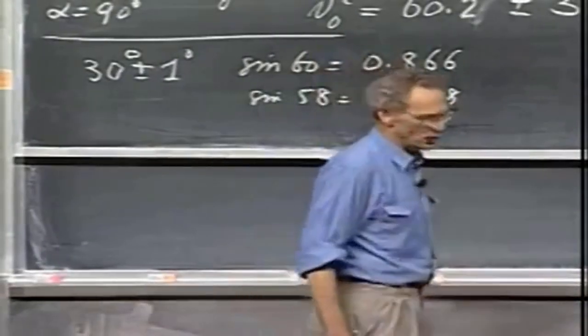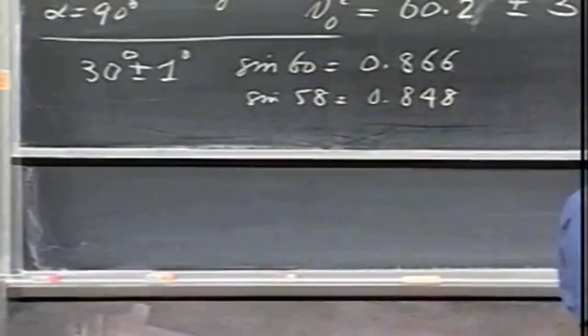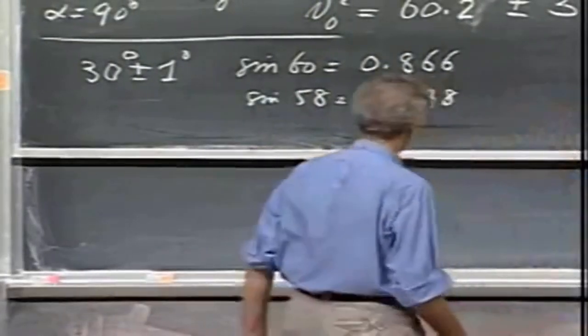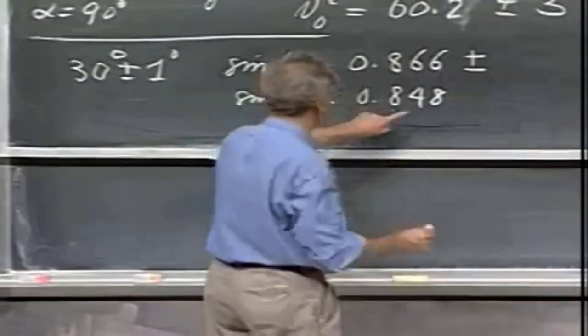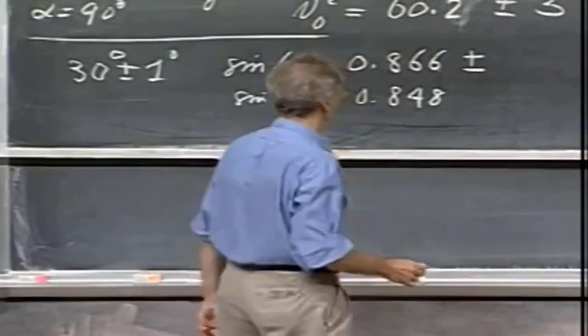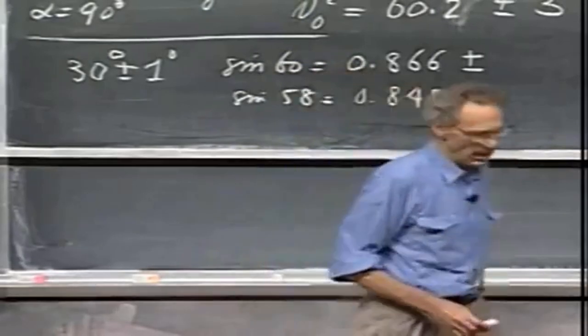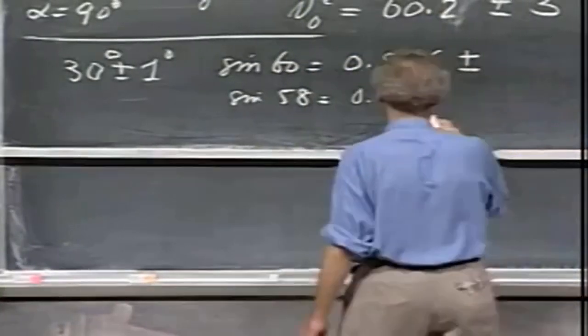And that is substantially lower. And therefore, I must allow for an uncertainty in the sine of the angle by roughly, maybe something like 17 or 18 units. 0.0, what is this difference?